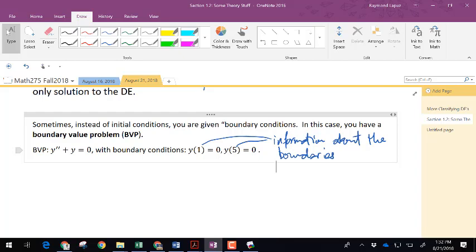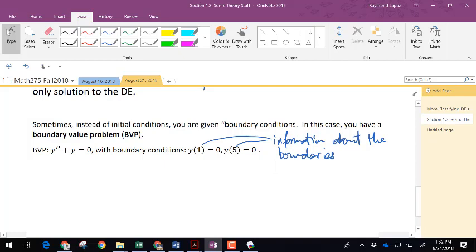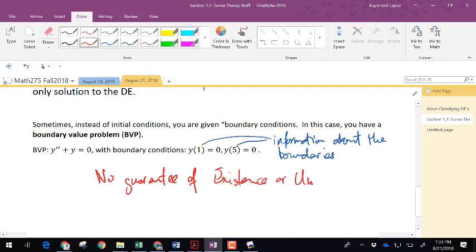So there's no guarantee of your solutions to exist, or if they exist, there's no guarantee that it's unique.